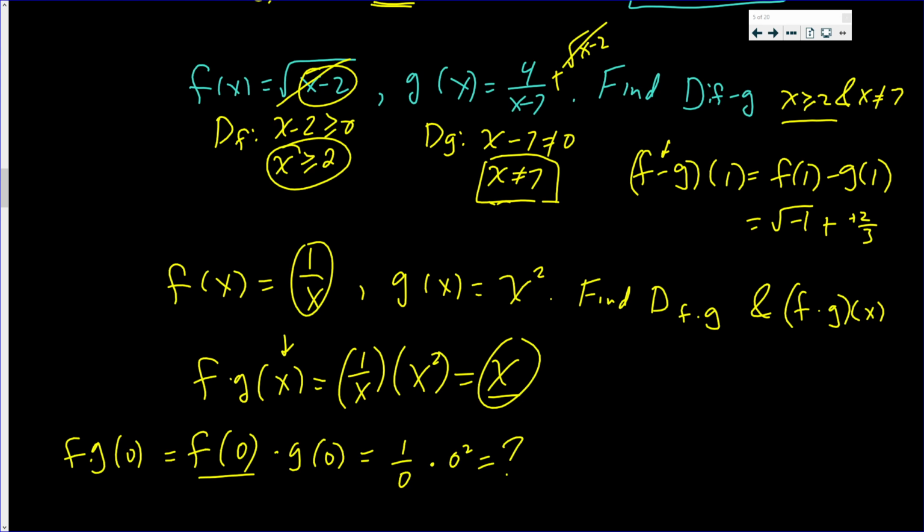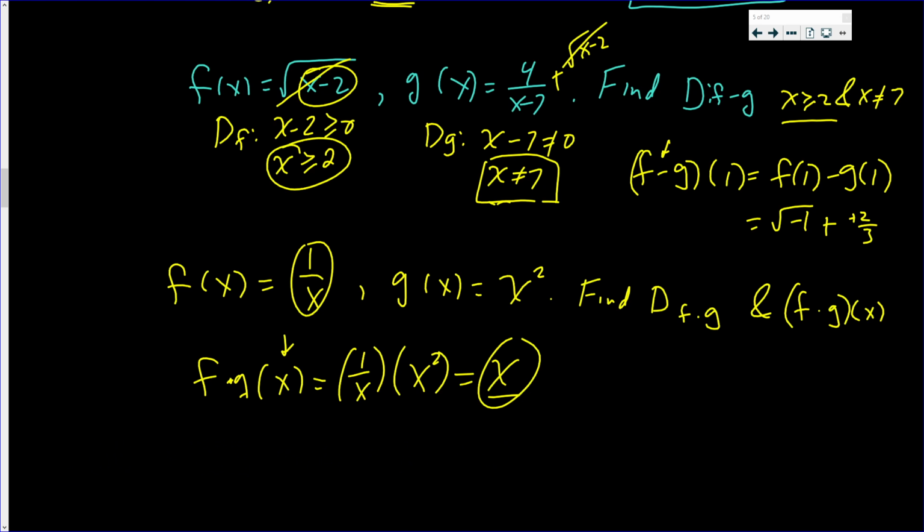You can't look for the domain after you combine the two functions. You have to look at the domain first. The domain of f: oh, I can divide 1 by any number except 0. X cannot be 0.